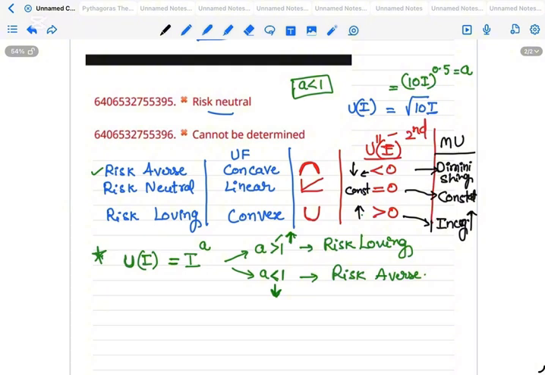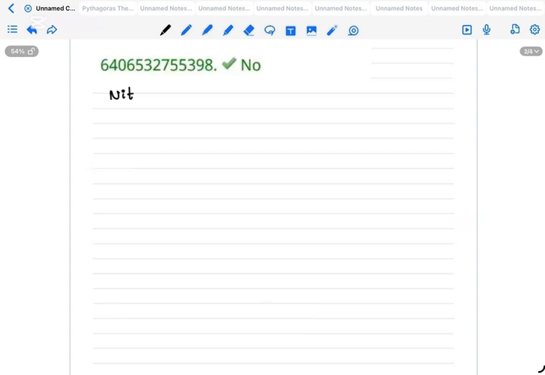If u of I equals k times I, this is risk-neutral. So u of I represents Nita's utility function, given as 10I power 0.5.